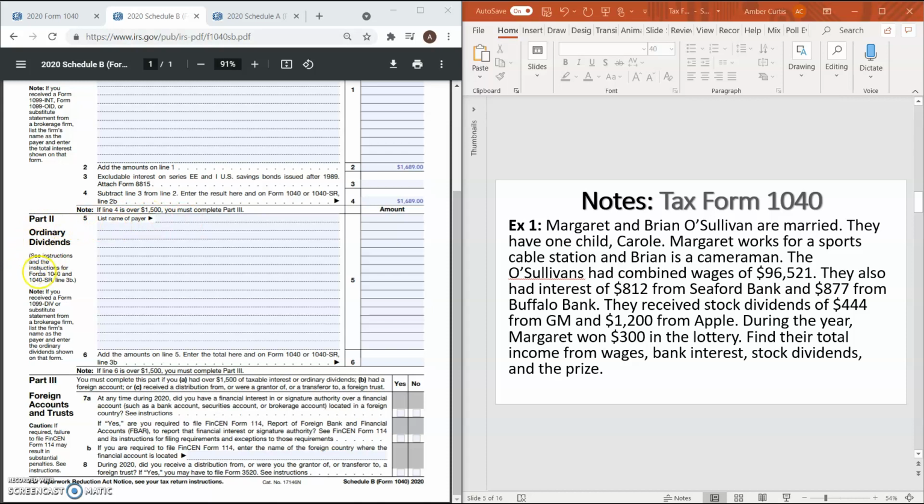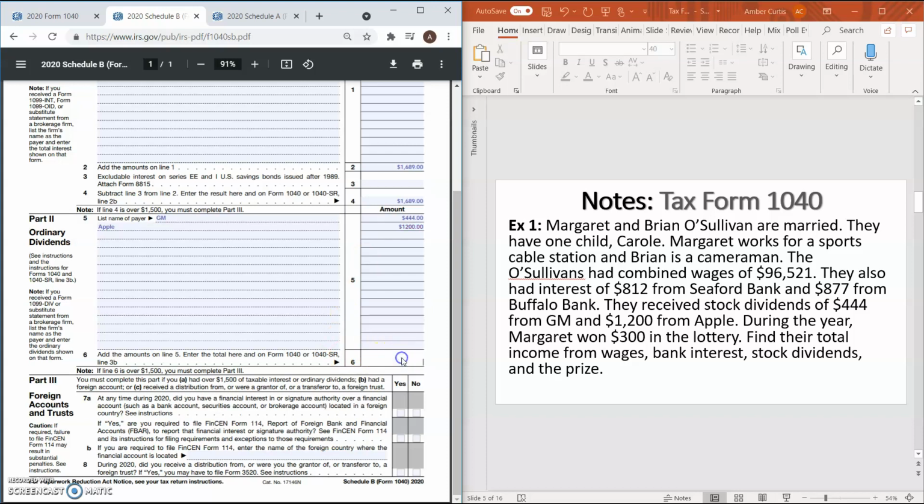Now, part 2 is dividends. They also receive dividends from stocks that they own. We've got two payers. We have GM, in the amount of $444, and then we have Apple stock, and that one was in the amount of $1,200.